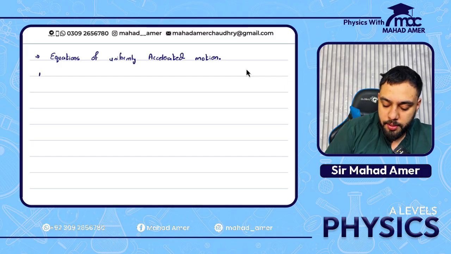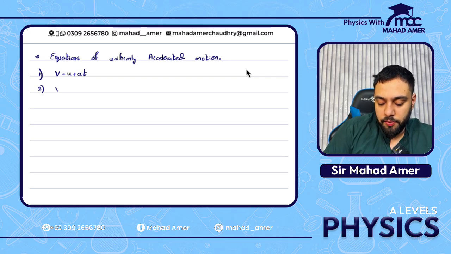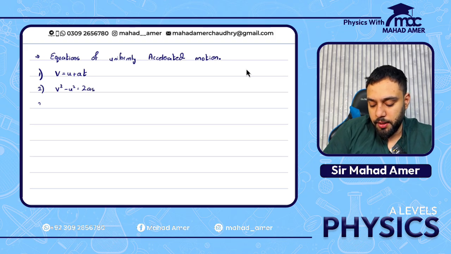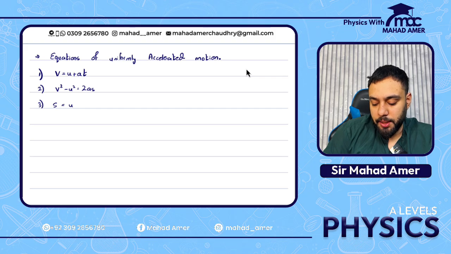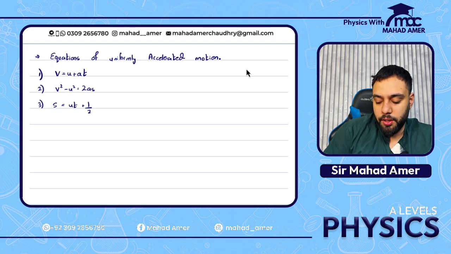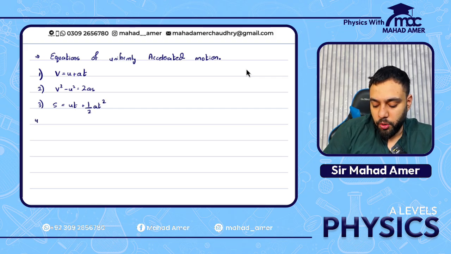Number 1, v equals u plus at. Number 2, v squared minus u squared equals 2as. Number 3, s equals ut plus half at squared. Number 4, s equals (v plus u) over 2 times t.